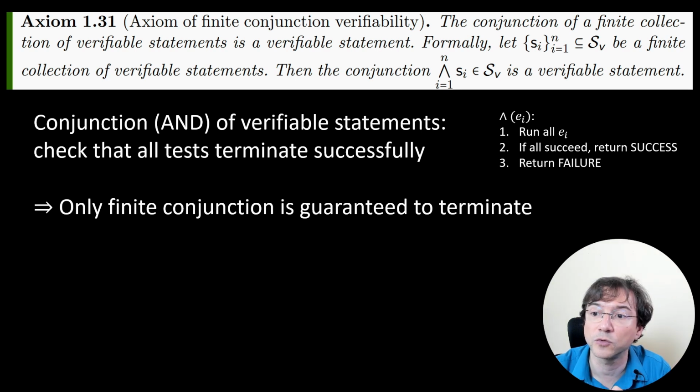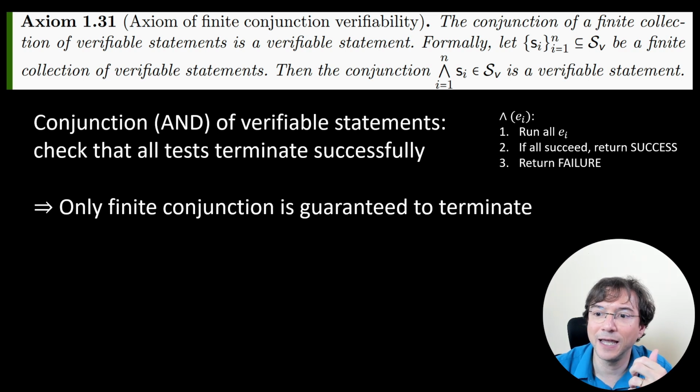So one of the things that we want to show is that if we have two statements, actually finitely many statements, and we take the conjunction of them, then the conjunction is a verifiable statement. Conceptually, you run all the statements, and if they all succeed, they're all going to succeed in finite time, and therefore you have verified that the AND of all of them succeeds in finite time.